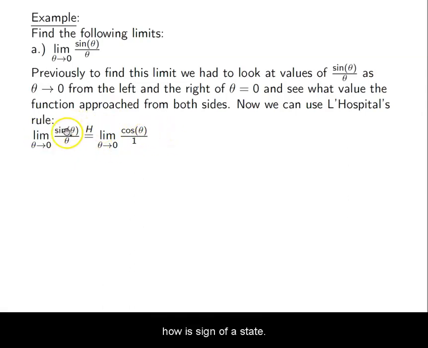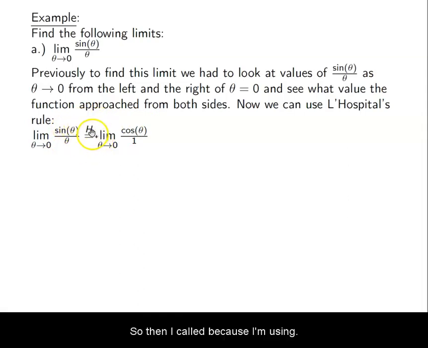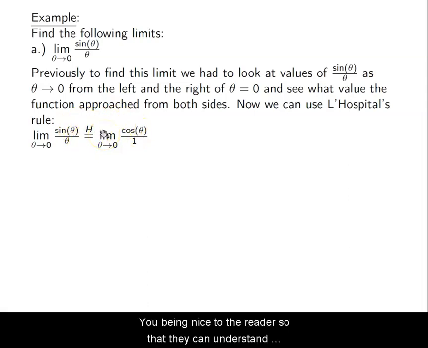How is sine of theta over theta equal to cosine theta over 1? There's no way those two things are the same. You're telling the reader you're using L'Hopital's rule, so they realize I'm using derivatives here. It's you being nice to the reader so that they can understand the process that's going on.